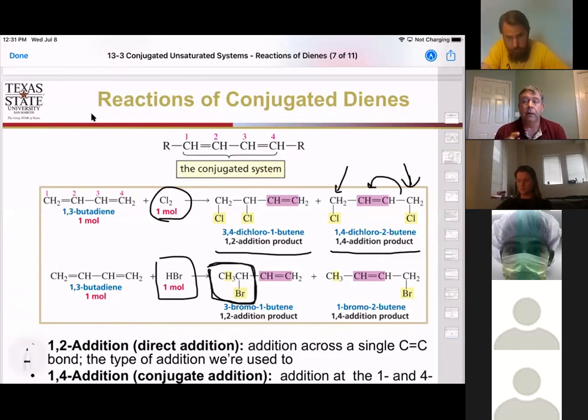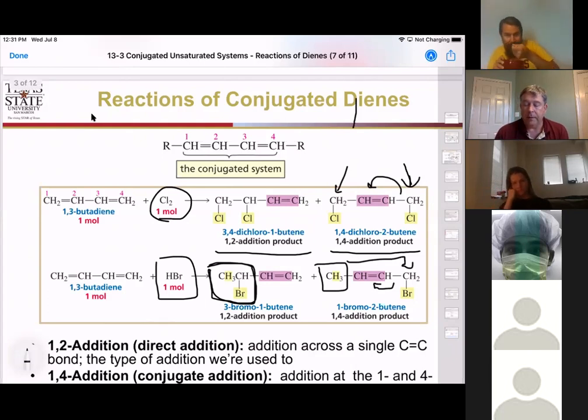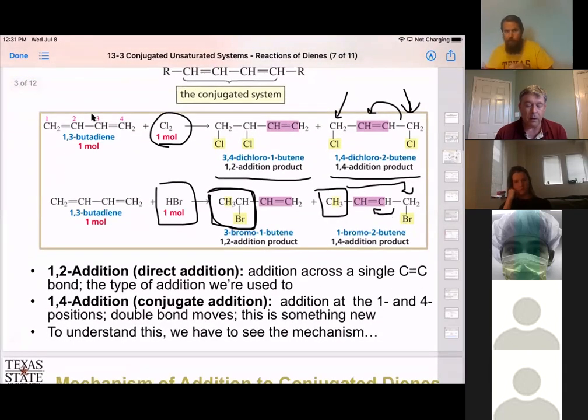And so we see that we get the product we desire. But we also get another product. We get our hydrogen adding to our terminal, and we get our bromine adding to the other side, and our double bond has moved over to the middle. So that means 2 things are happening here. We have what we call our 1,2 addition, which is our direct addition.